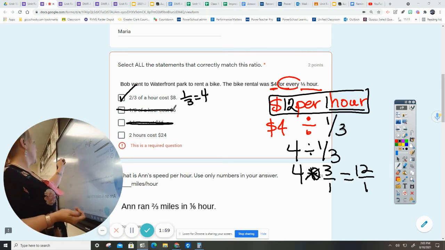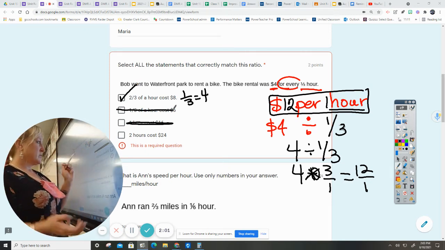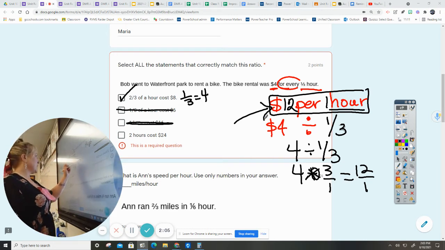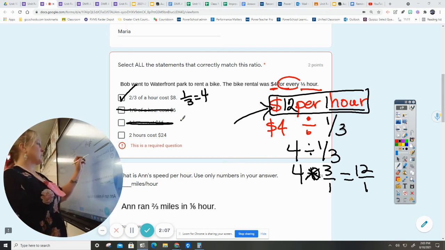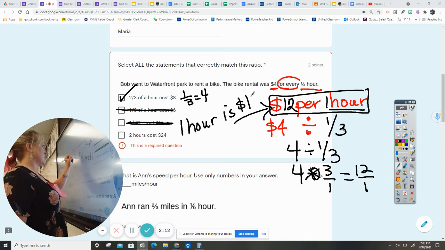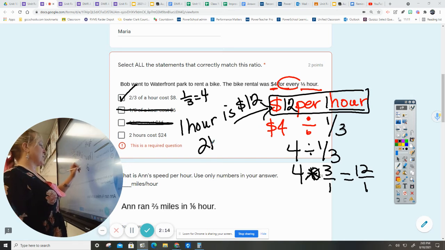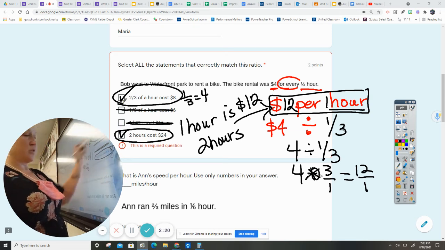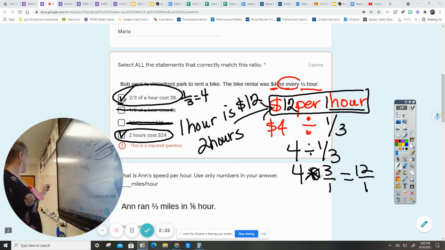No, because it says 1/3 is 4. 2 hours cost 24. So that is what I needed this for. So if 1 hour is 12, 2 hours is just twice that. So this is my other answer. So these are both answers.